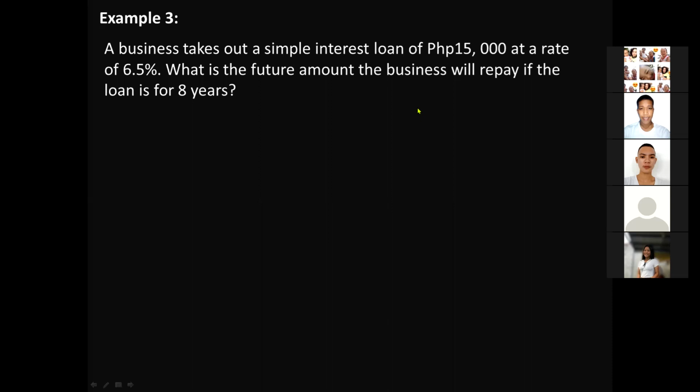Again, another opportunity for another plus 10. 18 years, sir. Ano yung sagot? Ano yung full amount? So we're talking about money. We already have the principal, which is 15,000. 7,280. Yun ang kita. Sino yung sumagot?